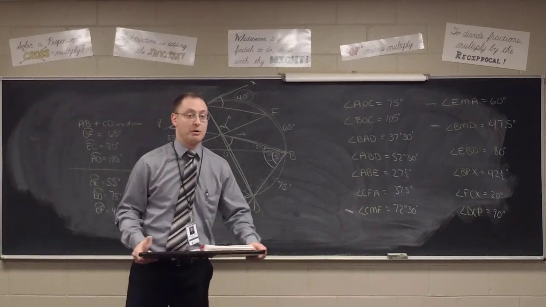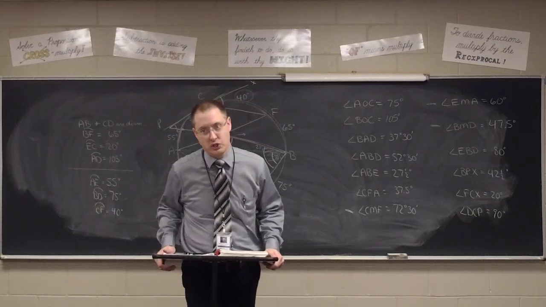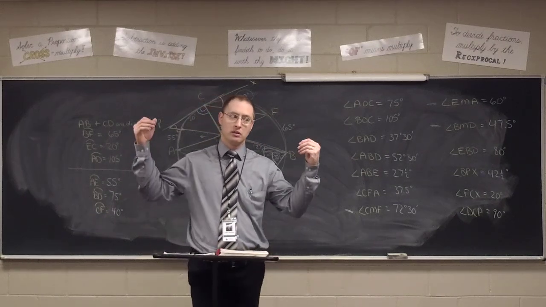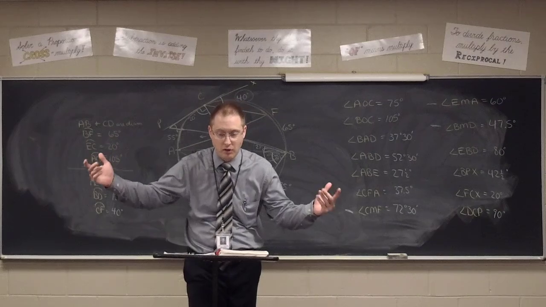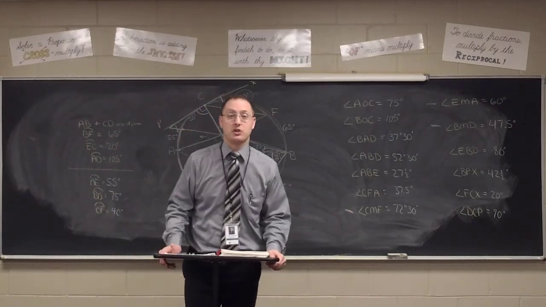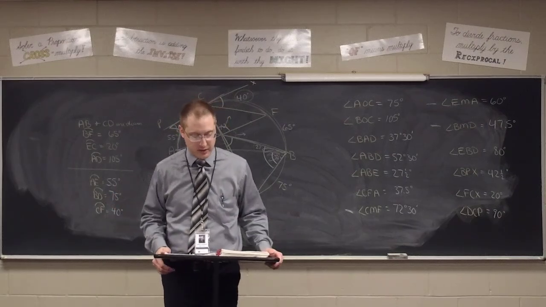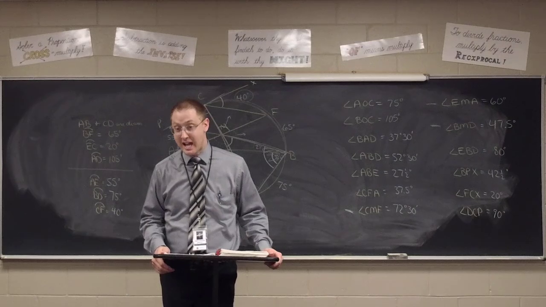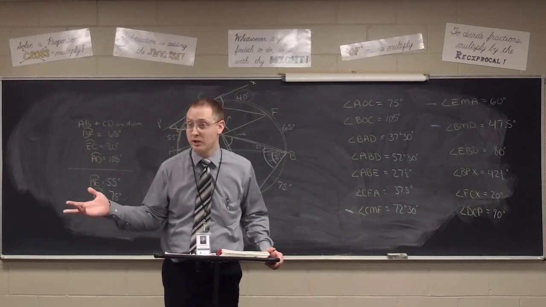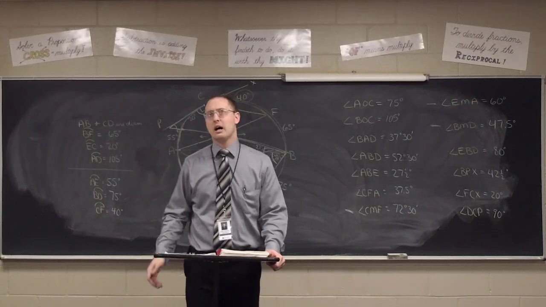But of course you'll want to make sure you get the key theorems, like if 2 chords are equal, arcs are equal. If 2 chords are the same distance from the center, then they're equal. If a diameter is perpendicular to a chord, it bisects the chord and the arcs.